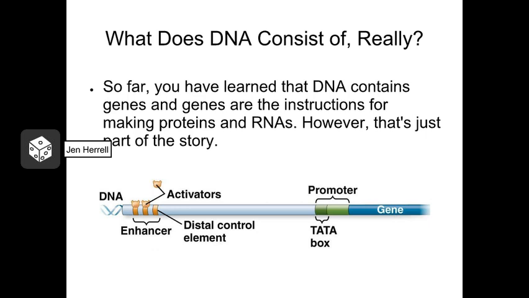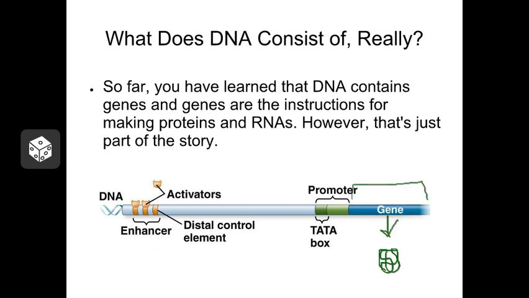In this lecture, we're going to focus on transcriptional control because it's by far the most common method. Now, to understand how cells turn transcription on and off, you need to understand a little bit more about DNA, what it's for, and how it's put together. So far this semester, we've learned that DNA consists of genes, and genes are these recipes for making molecules like proteins.